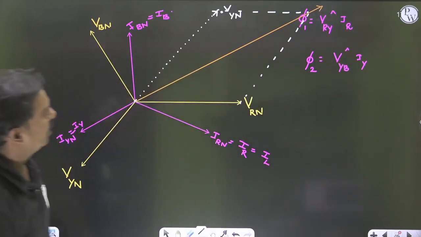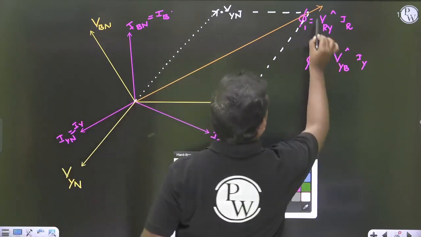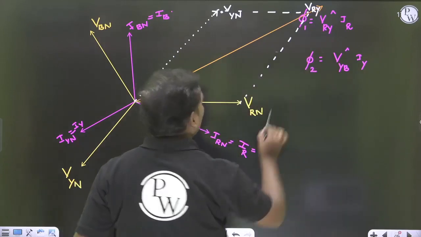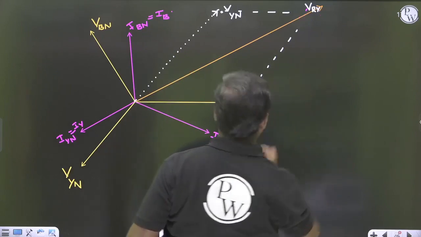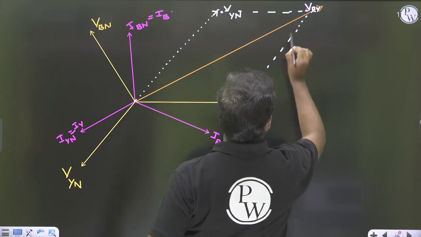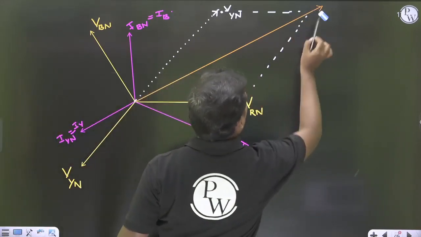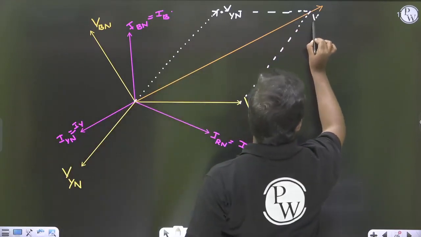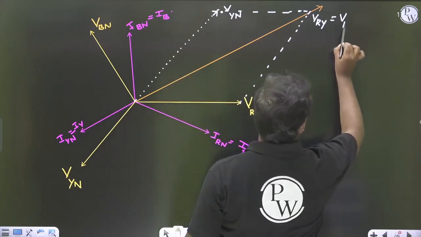Am I right? Yes. So try to understand clearly what I have done. Please follow. So this is my VRY vector, which is my line voltage.